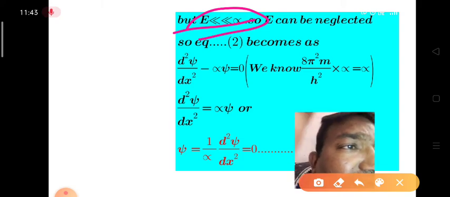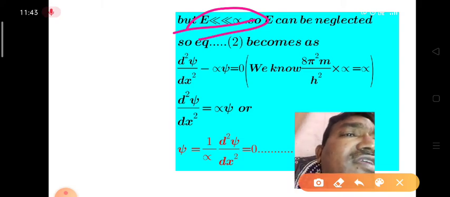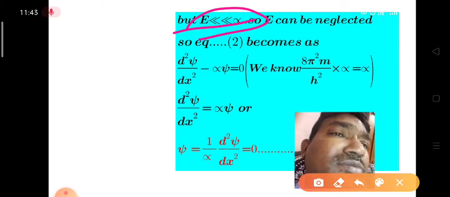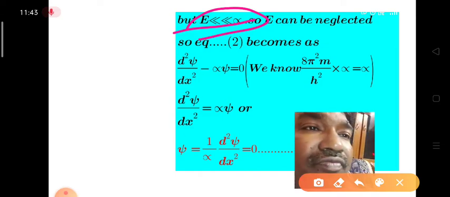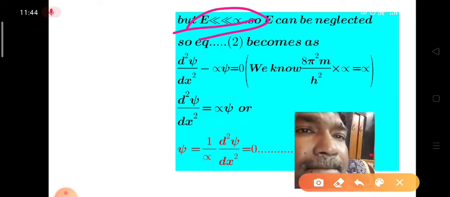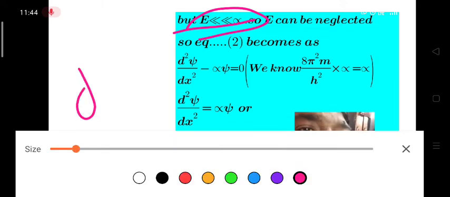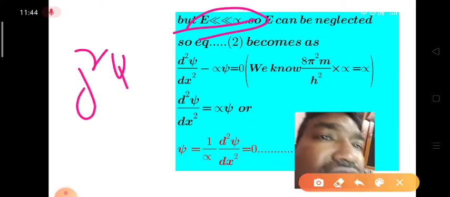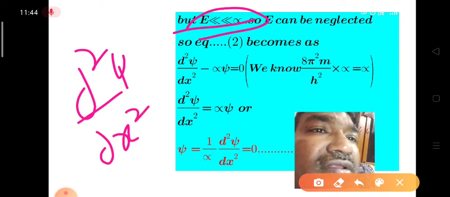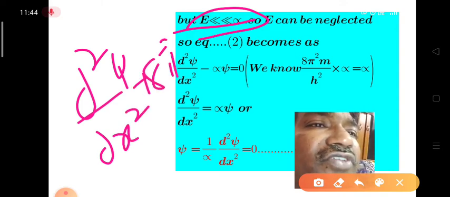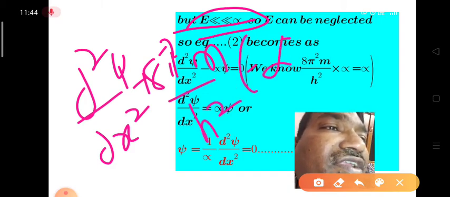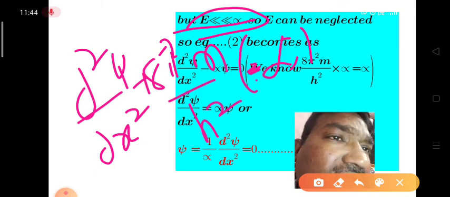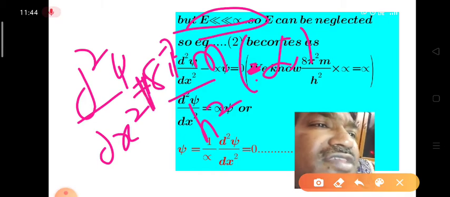As a result, we can neglect that, and equation 2 becomes like this: d square psi by dx square plus 8 pi square m by h square into minus infinity. So the equation becomes like this, because here we are neglecting the E.